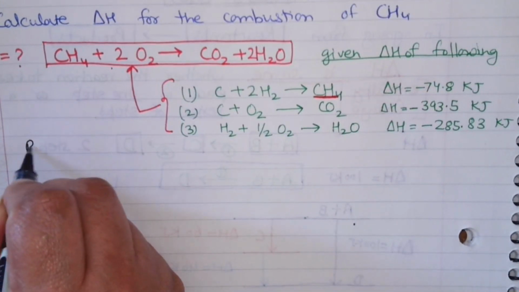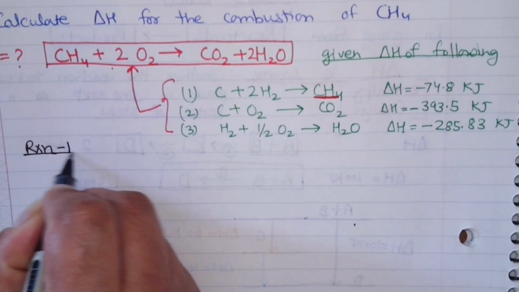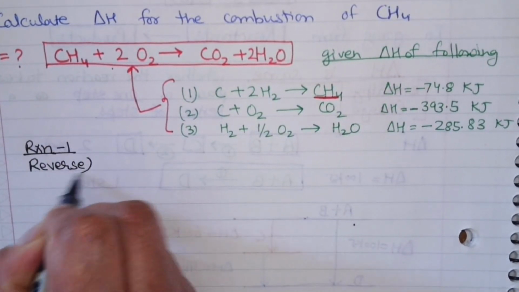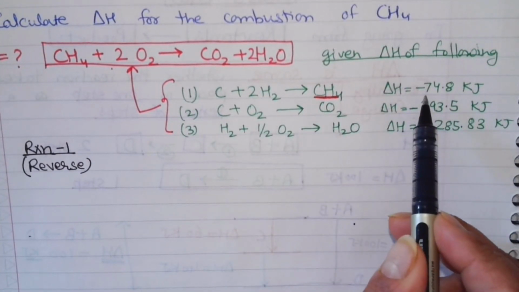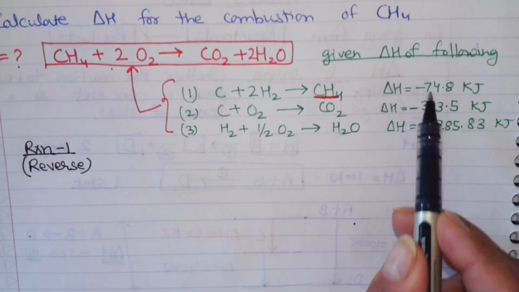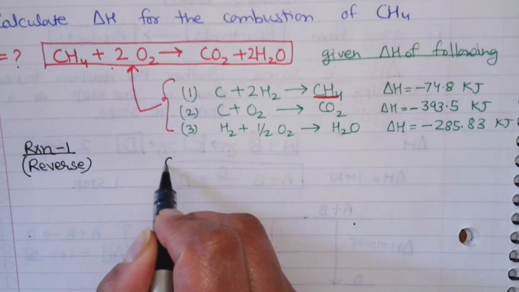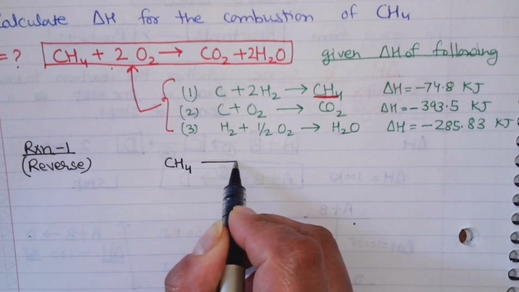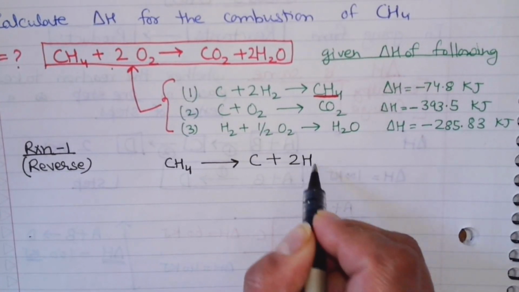So what operation do we need to do to reaction 1? Reverse it. So reverse reaction 1. If I reverse, I have to change the sign of delta H. Now my equation 1 becomes CH4, now on the reactant side, and the products are C plus 2H2.